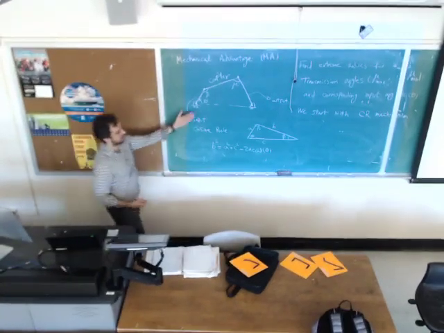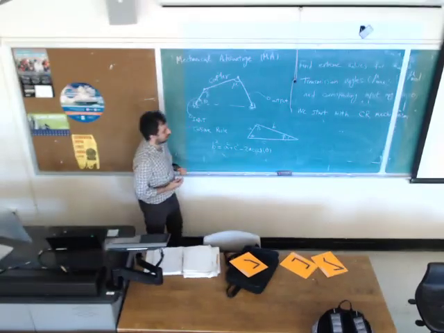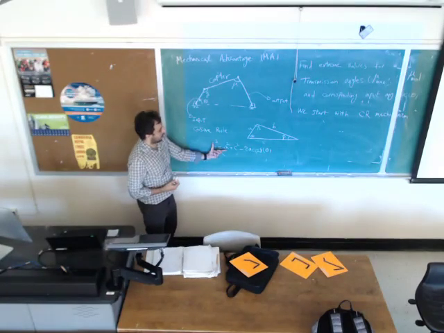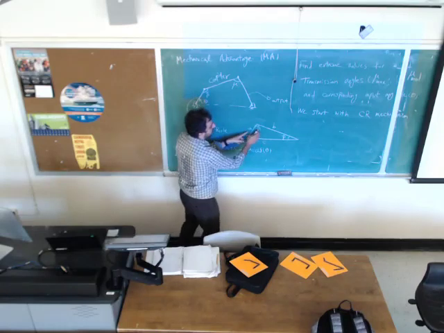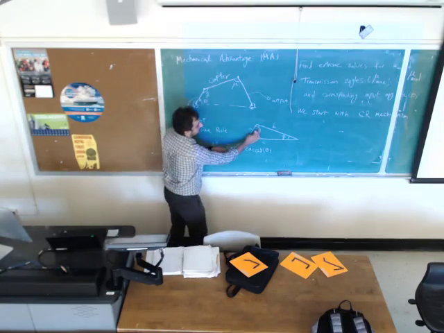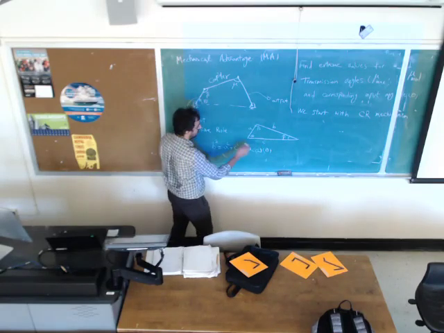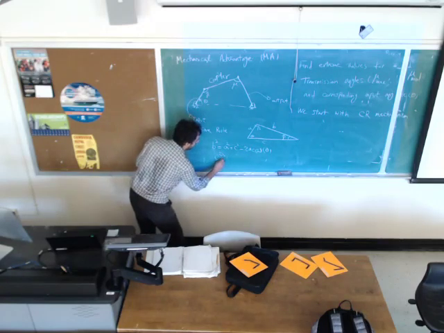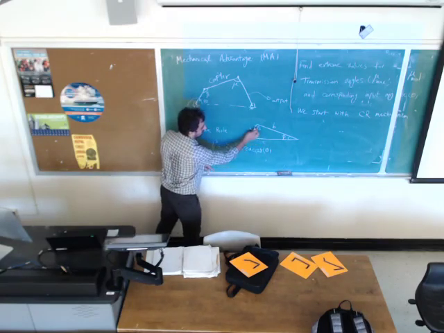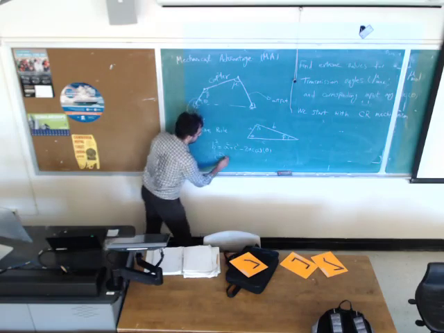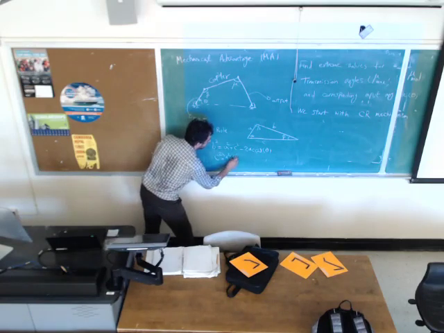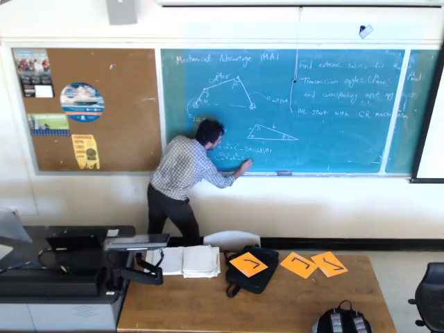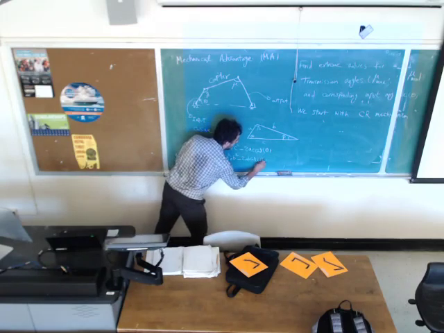I'm going to use this, and it's the reason that I'm recalling it. So you can change the angle to beta. The link opposite to beta is C. So I can write C squared equals A squared plus B squared minus 2AB cosine of beta.